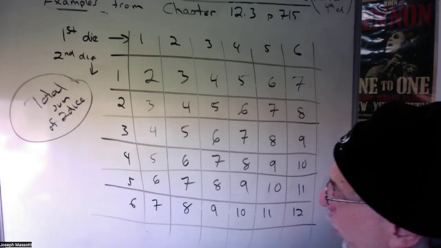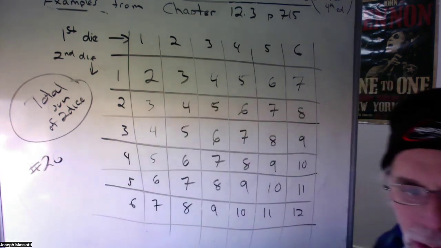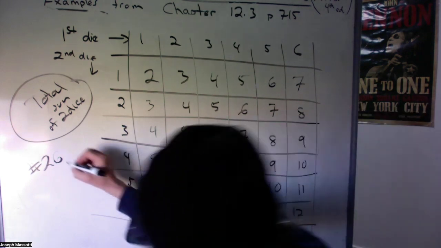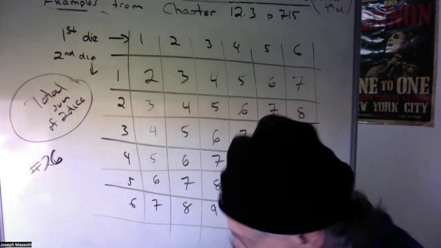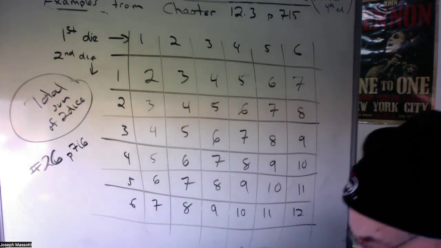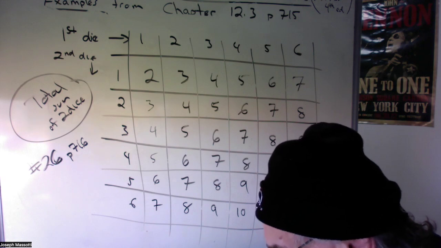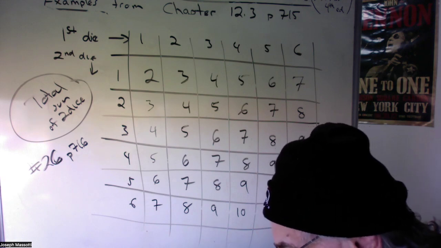So let's look at number 26 on page 716. It says two regular six-sided dice are tossed.